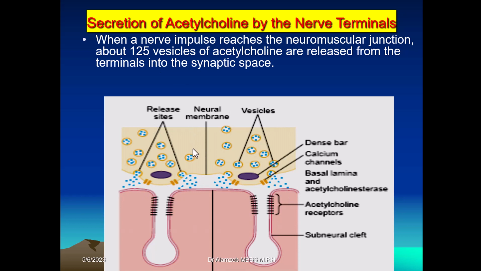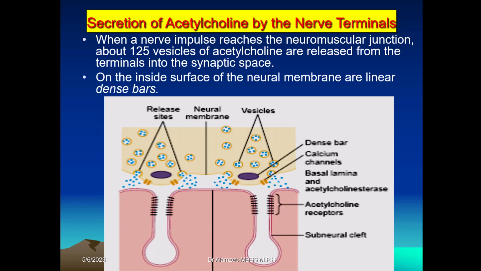When the action potential arises, it releases acetylcholine into the synaptic cleft, and at once, by one stimulus, 125 vesicles release their acetylcholine into the synaptic space or synaptic cleft.